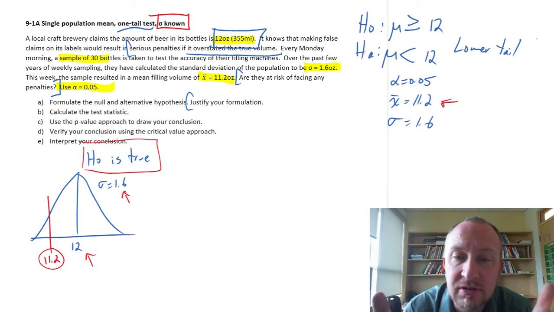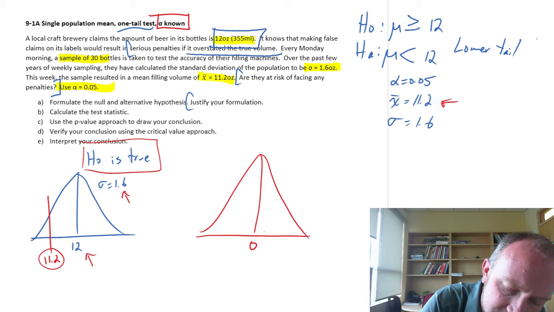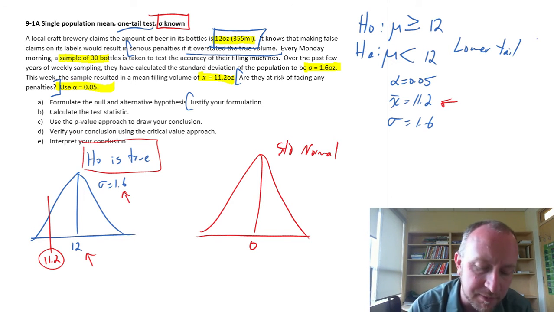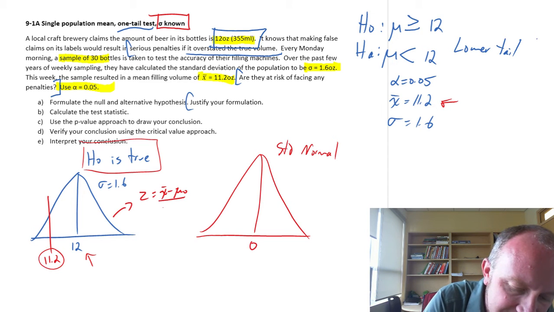So what we have to do is standardize this so that I can compare it to the normal distribution. This is our standard normal distribution, mean 0, standard deviation 1. We plug our values into our formula, z equals x bar minus our hypothesized value divided by the standard error.